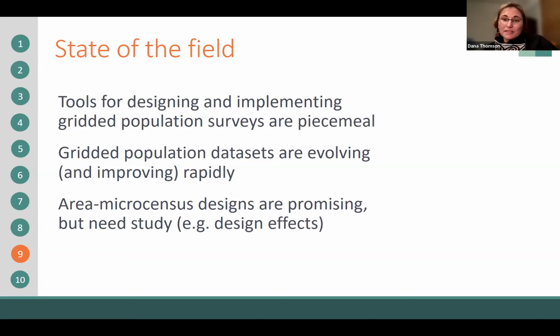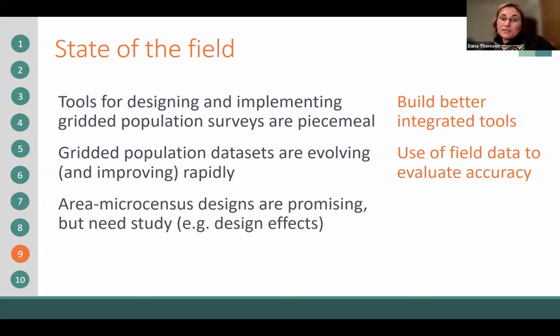My vision for this field is that we have more integrated tools that make it possible to develop a sample frame from gridded estimates and sample from it and go to the field a little bit more seamlessly, but we're not there yet. Gridded population data sets are evolving and improving very rapidly.